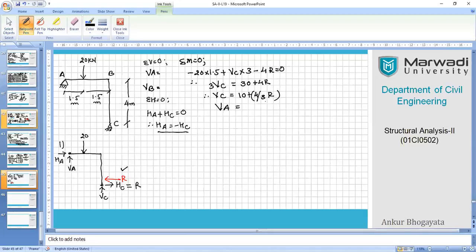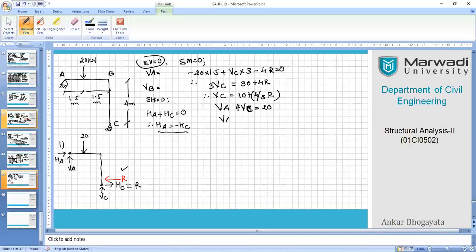However, what we can see is VA plus VC should be 20 in this case, according to sigma V, right? Not VB.